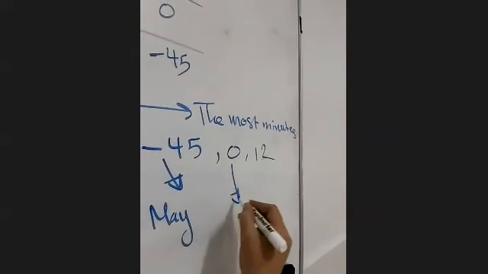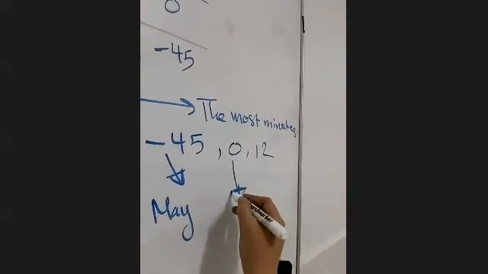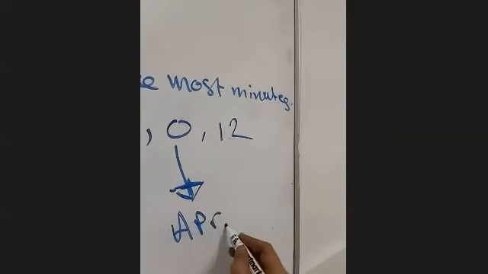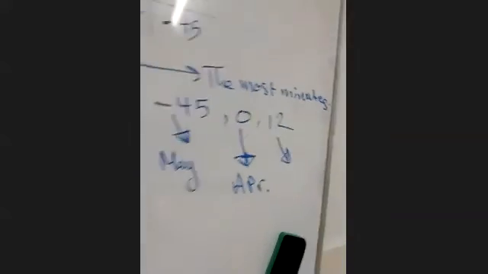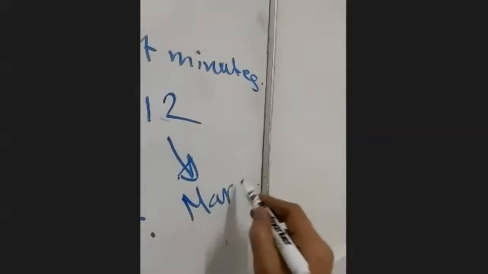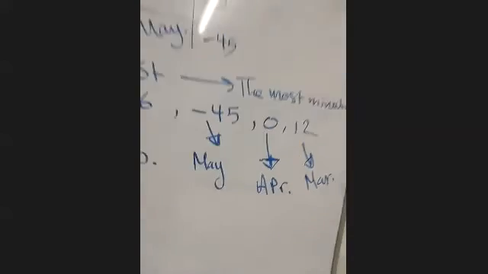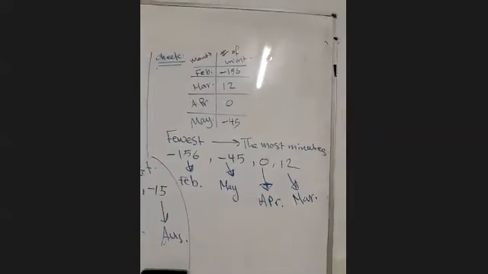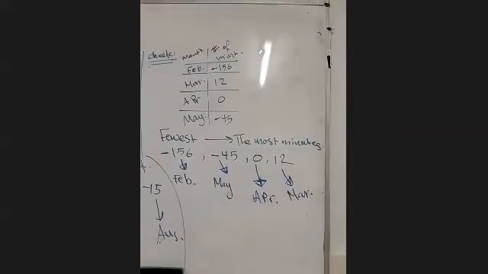And the 0 for which month? For April. And the 12 for which month? For March. So March has the greatest or the most minutes. Do you understand?